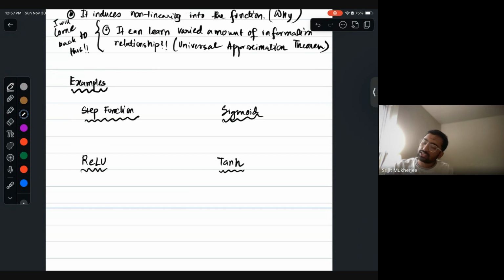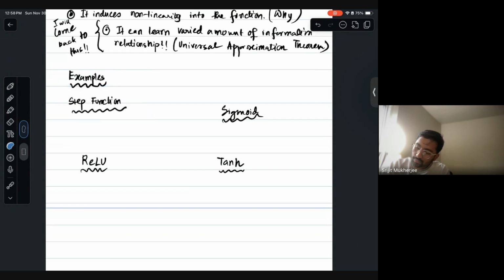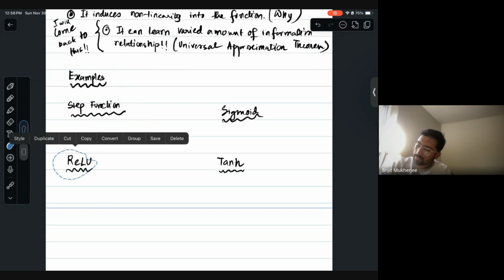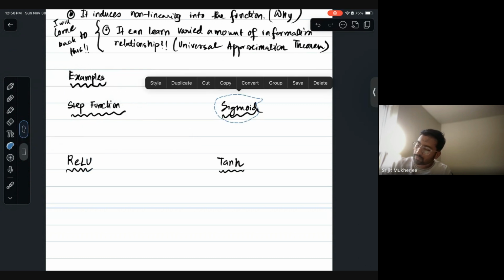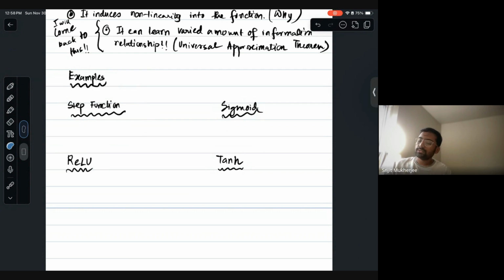So the step function is nothing but this function. It's a simple function.